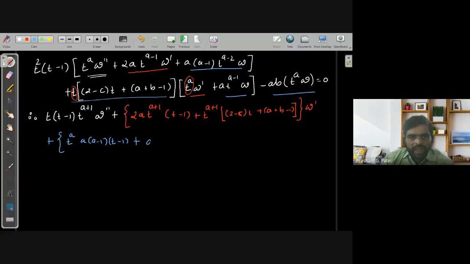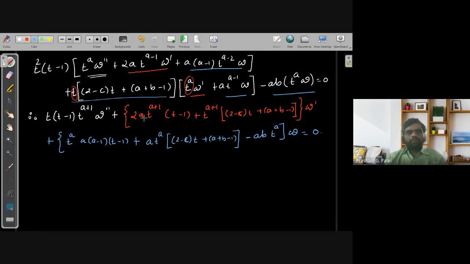So it is a into t power a, and this quantity is as it is, that is 2 minus ct plus a plus b minus 1. And then lastly we have minus ab t power a, and whole into w equal to 0.